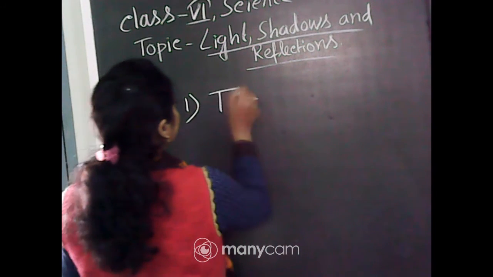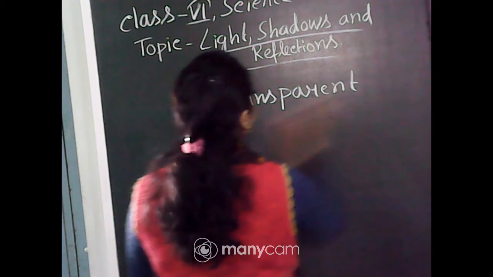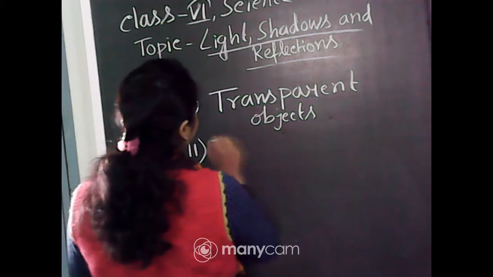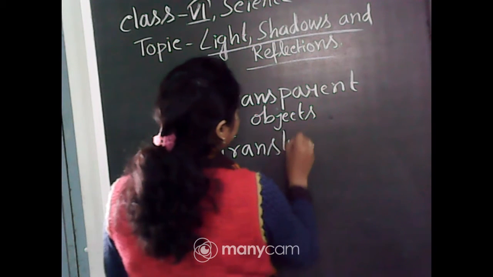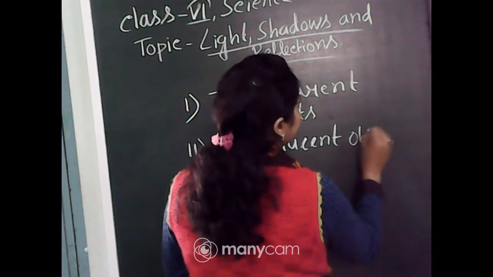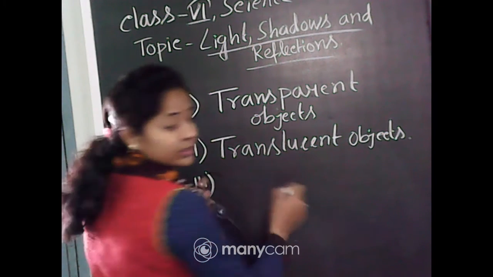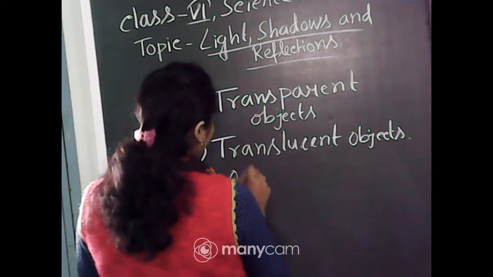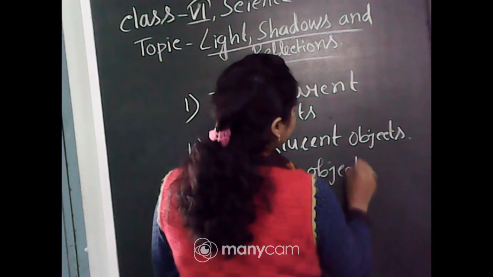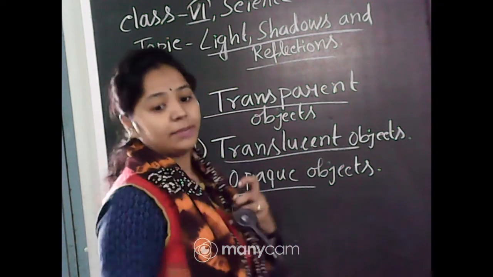One is transparent objects. Second one, translucent. Translucent objects, and then opaque. No? Opaque objects. Now, what are the definitions of these types of objects on the basis of light passing through it?